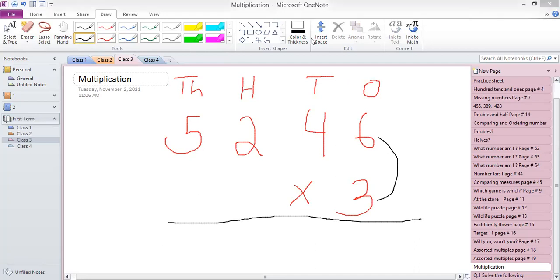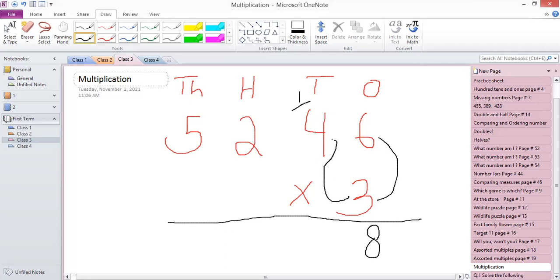Yes, guys, 3 multiplied by 6 equals what? 18. 3 multiplied by 6 equals 18. In 18, there are 2 digits, so you will write only 8 here and 1 will be regrouped with the tens.